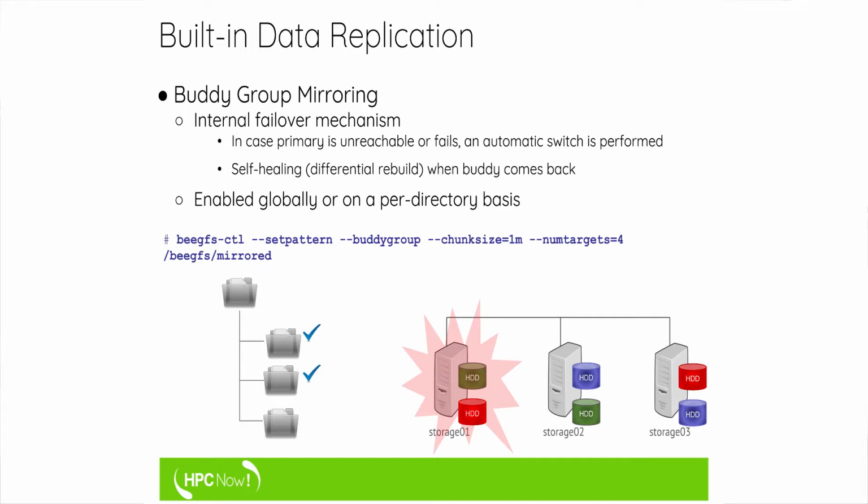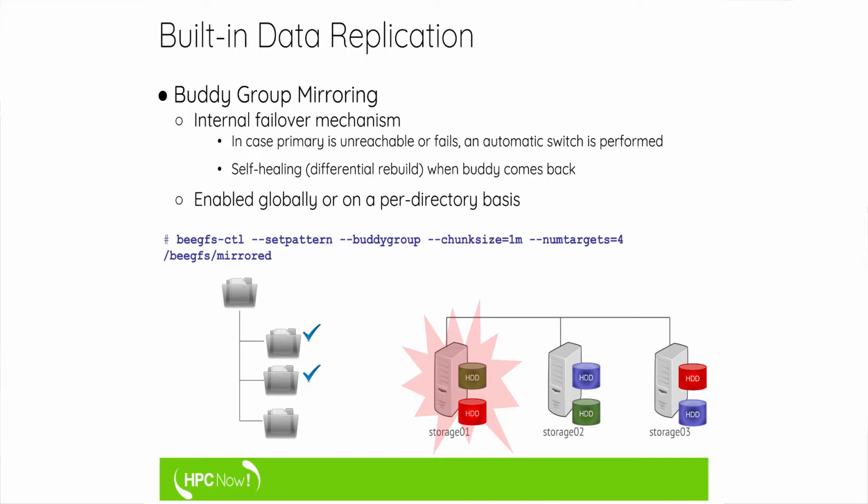Then, as I was saying, the reads are possible from both targets, and we could configure it automatically this way. If we have a set of machines and we want to define this buddy mirror, in this case we have the group ID 1 and the primary target 1, so that would be the storage 101, and it would be mirrored in the storage 2.